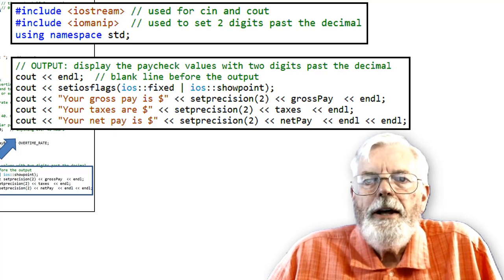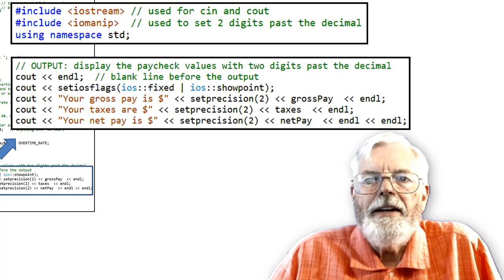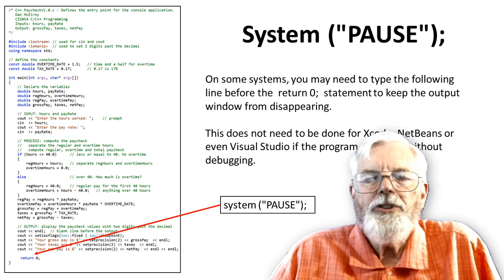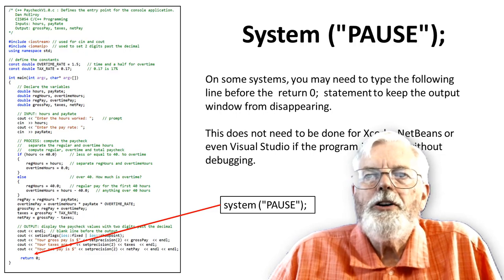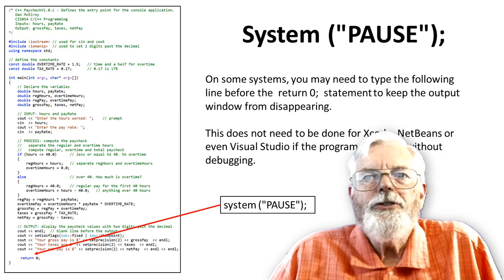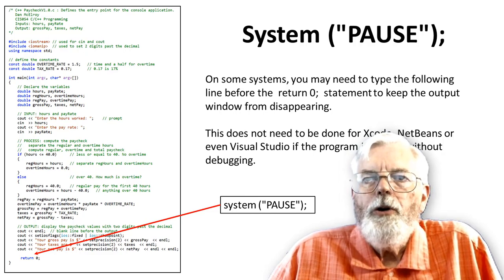Make sure that you type the last letter of endl as a lowercase l, because endl means end of line. Using endl twice moves the cursor down 2 lines. Depending on which development system you're using, you may need to insert the line system("pause"); right before the return 0; statement to prevent the output window from closing before you have the opportunity to look at it.